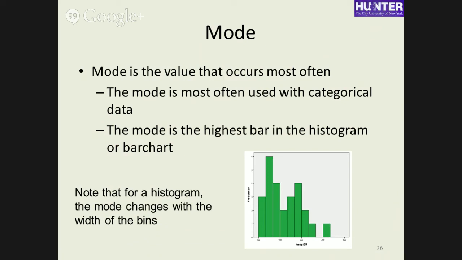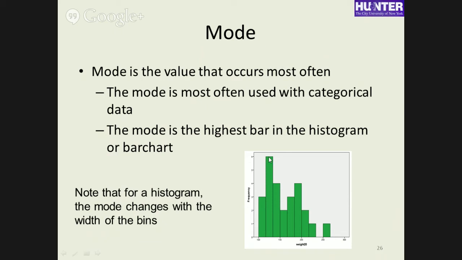The mode is the value that occurs most often. So this is well defined for categorical and ordinal variables. For numeric values, or for quantitative variables, it's less well defined because you have to do some amount of binning or discretization, as in the histogram, in order for the mode to be defined. But for a specific size of these bins, the mode is just the highest bin.